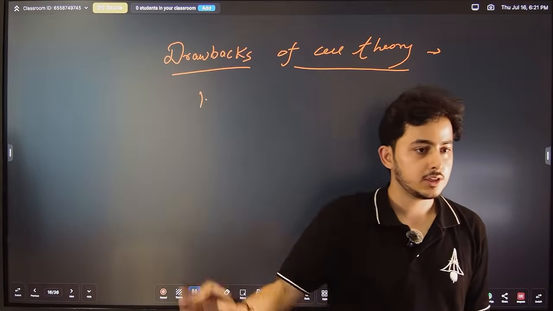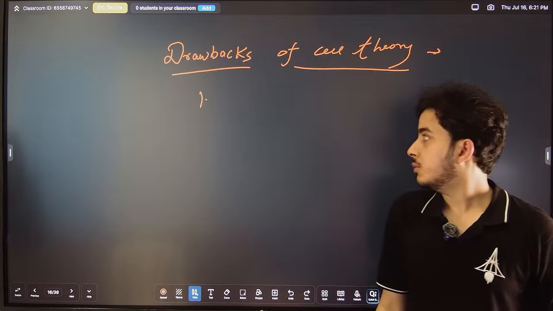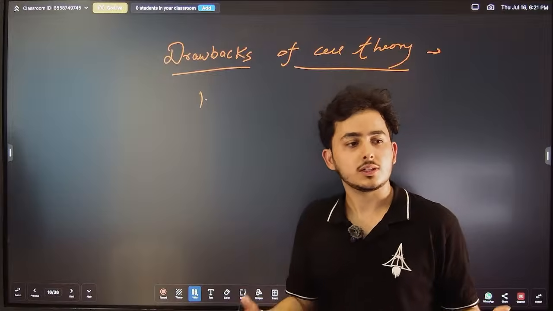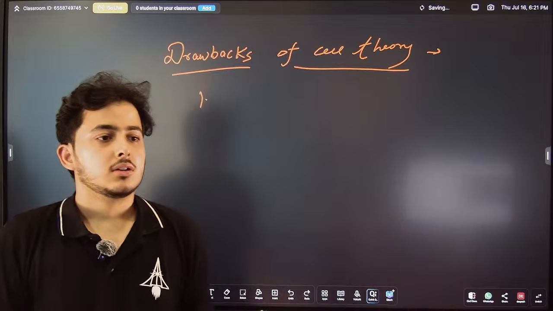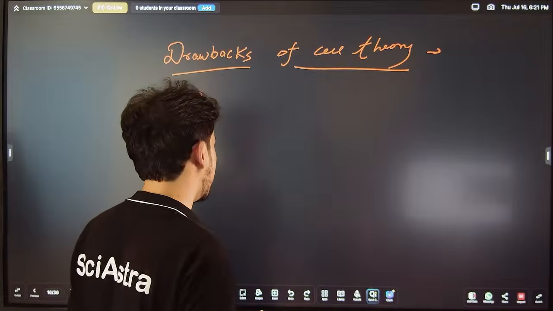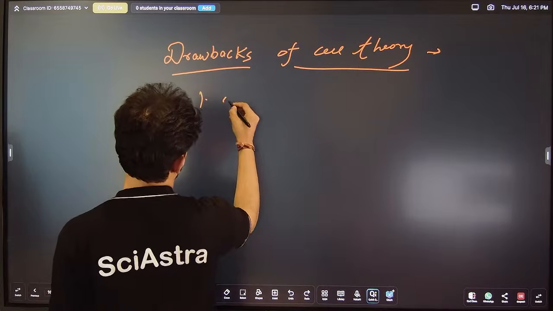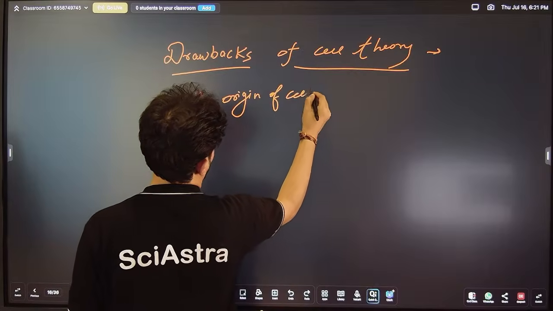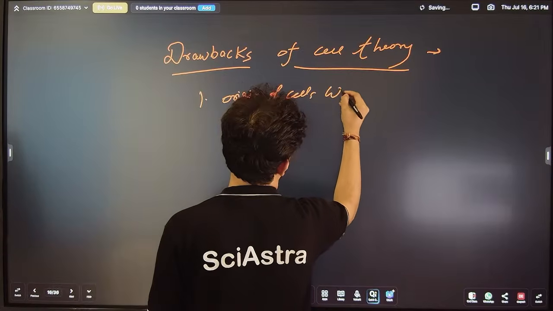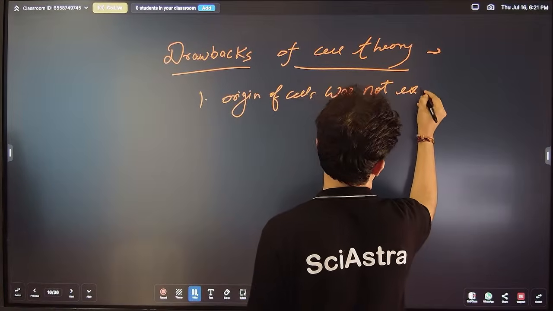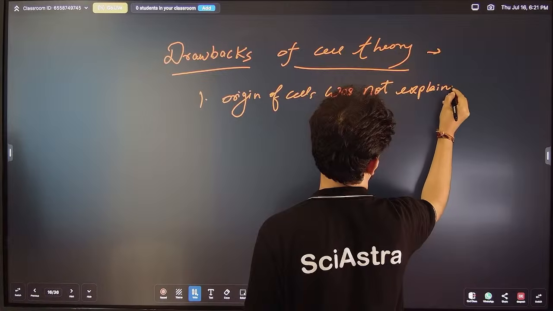And the cell is the fundamental structural and functional unit of life. Where do cells come from? Where do cells come from, correct? So the origin of cells was not explained by the cell theory.